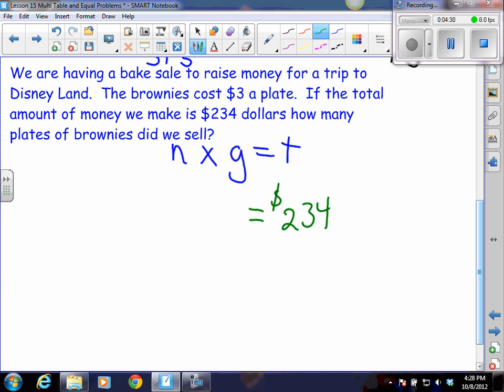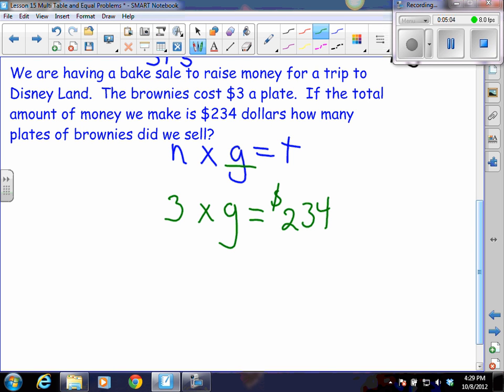And now the next question is, what is that $3? Does that tell us the number in each group, or is it the number of groups? And in this case, since we're looking for how many plates, the how many plates is actually referring to the number of groups. And so this time we're going to have 3 times g for our equation.